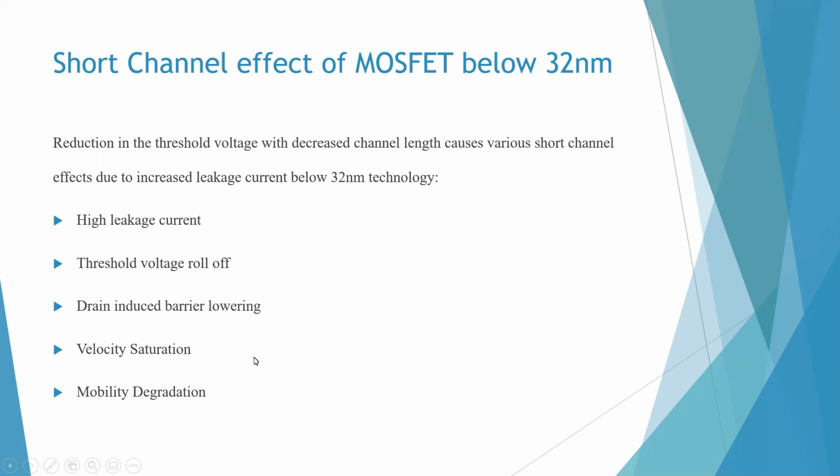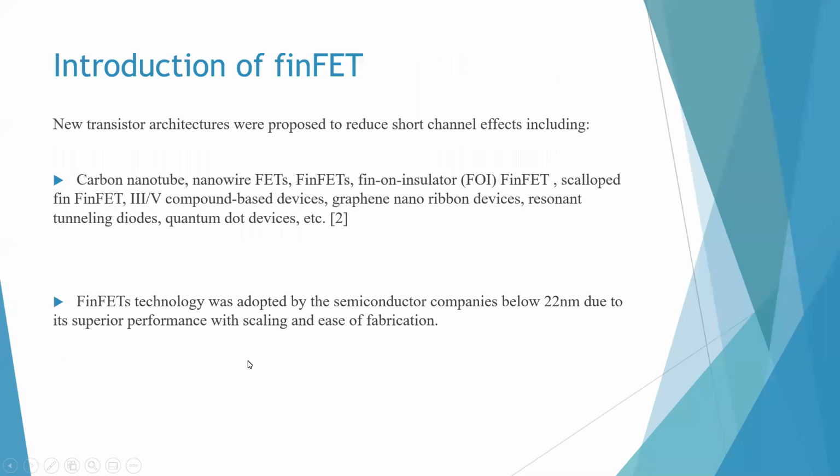To overcome the short channel effects, several new transistor architectures have been proposed to date, including carbon nanotube, nanowire FETs, FinFETs, and scalloped FinFETs, group 3-5 compound-based devices, graphene nanoribbon devices, etc. Amongst all of them, FinFET technology was adopted by the semiconductor companies below 22 nanometer because it showed superior performance along with its ease of fabrication using the existing fabrication methods.